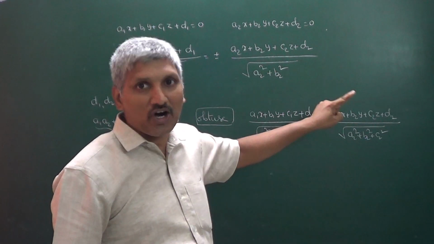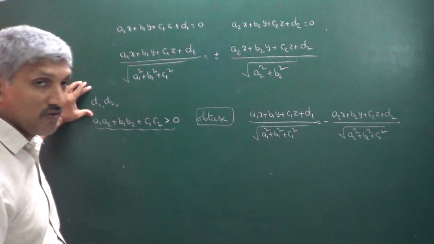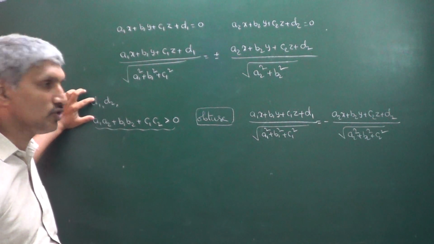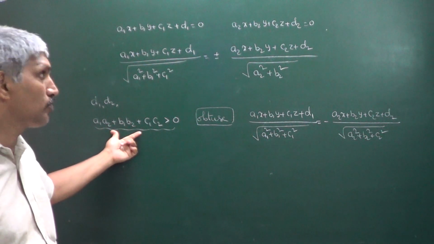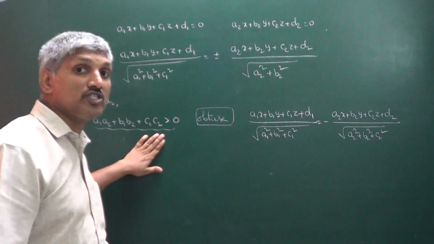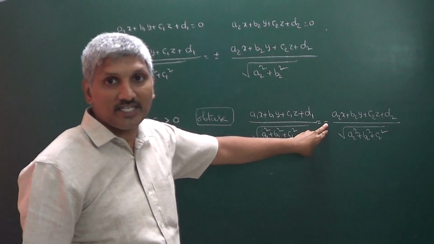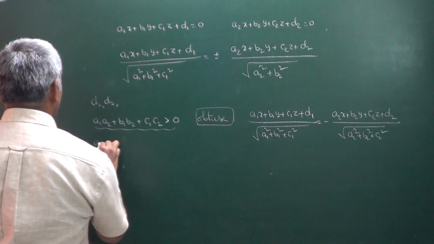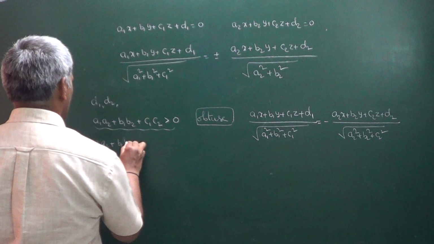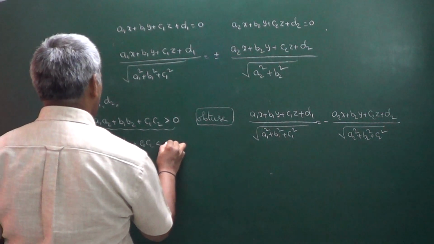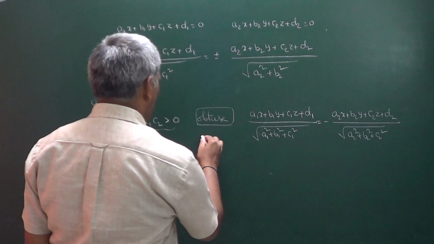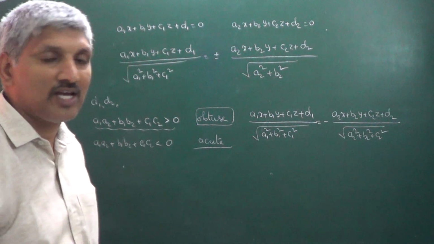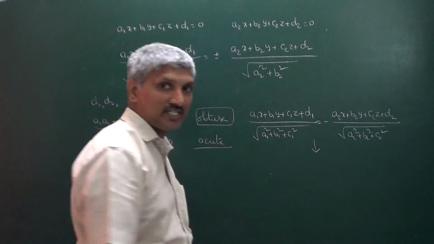Okay, first of all, what to do? We have to make the constants positive. After making the constants positive, find the value of a1a2 plus b1b2 plus c1c2. If that value is greater than 0, the minus sign represents the obtuse angle bisector which contains the origin. The next case is, if we get a1a2 plus b1b2 plus c1c2 less than 0, then the origin lies in the acute angle bisector, which is given by the same with the minus sign.